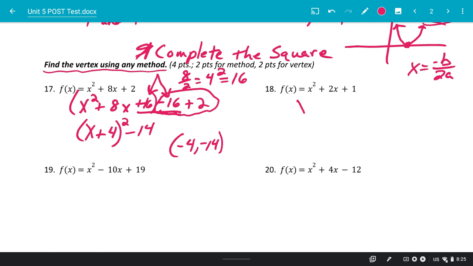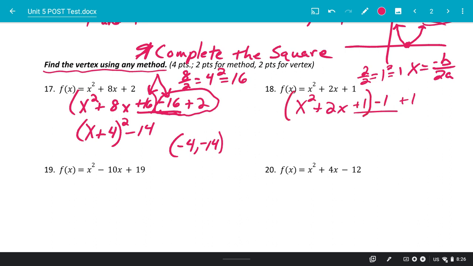Number 18, I'm going to do the same thing. I'm going to continue this completing the square method because my middle numbers are even, so I might as well just use that method since we're so good at it. So here I have to take 2 divided by 2, which is 1, and then square it. 1 squared is 1, so I have to add 1 and subtract 1.